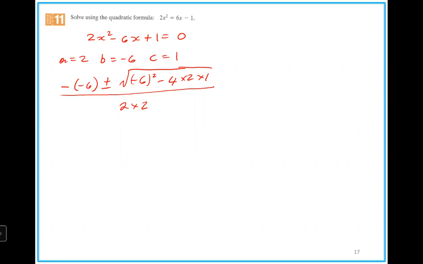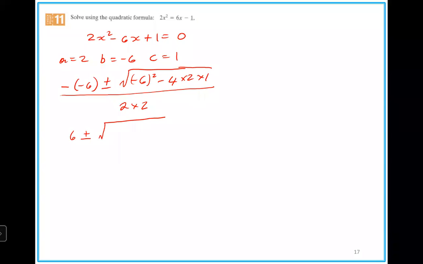With the square root, it'll be positive 6 plus or minus open bracket 36, negative 36 minus 8, over 4.